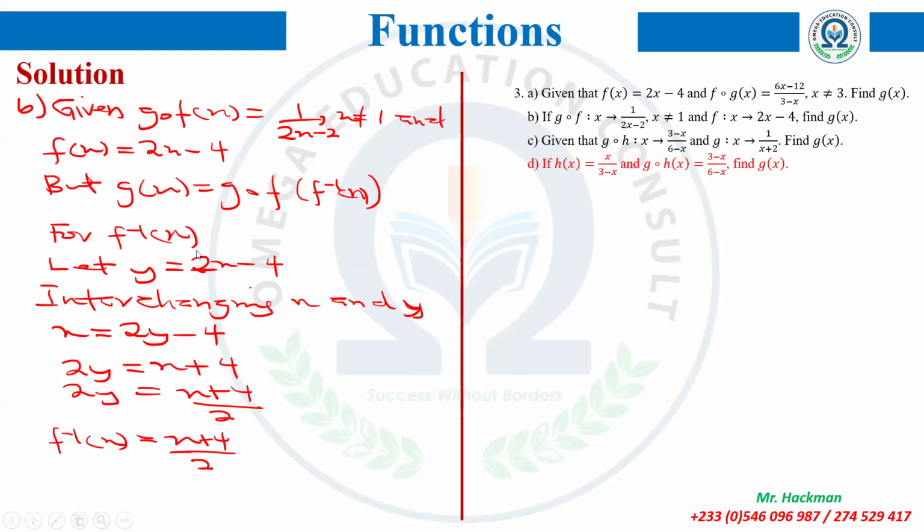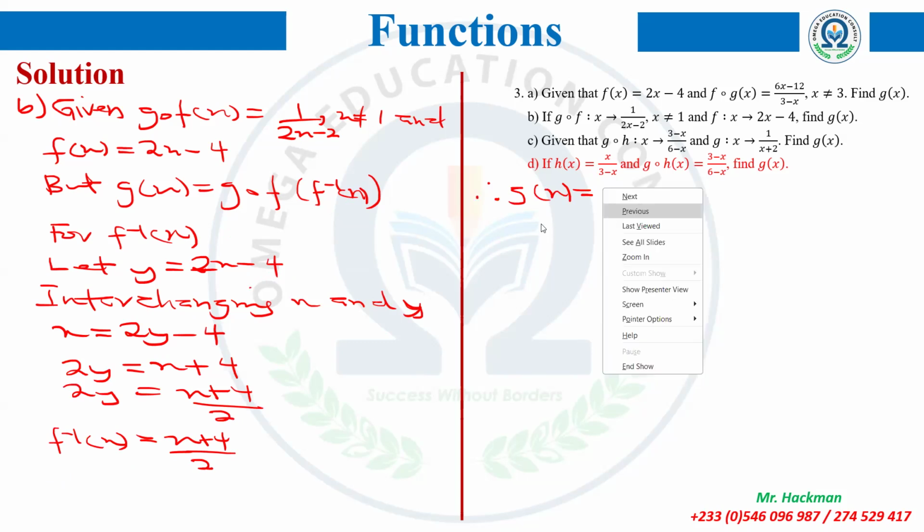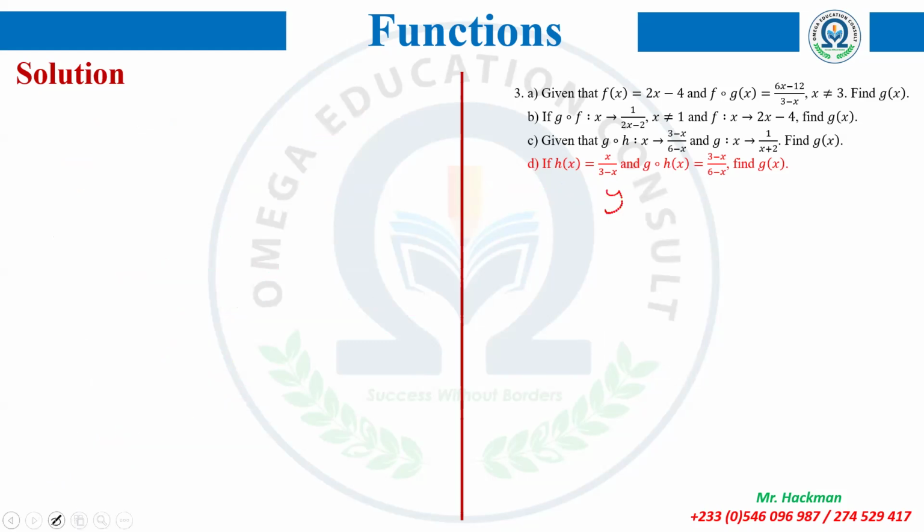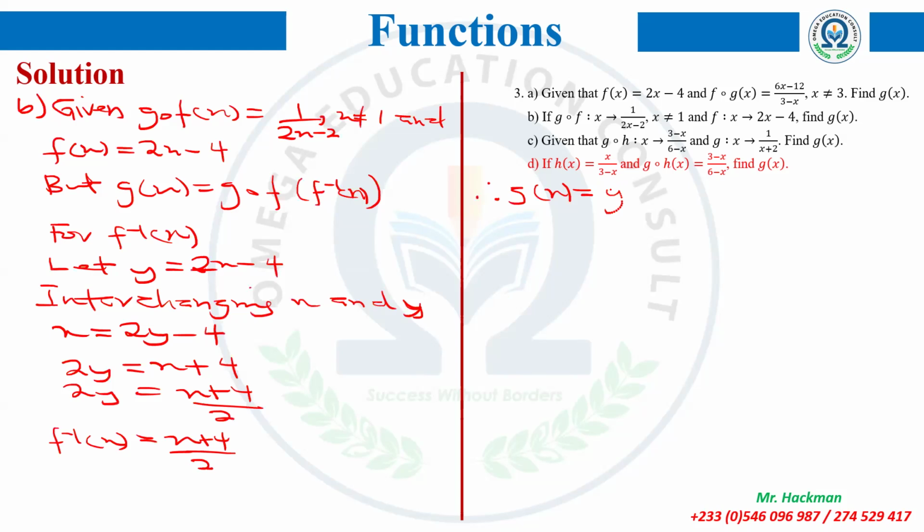Now I go and feed g of f with that. Not that pretty, but a little more work will come in. So my g of x will be equal to g of f fed with f inverse, and now we know f inverse, that is x plus 4 all over 2.